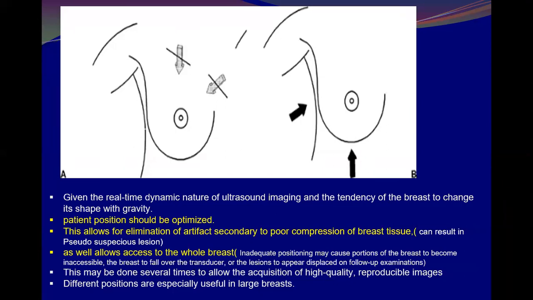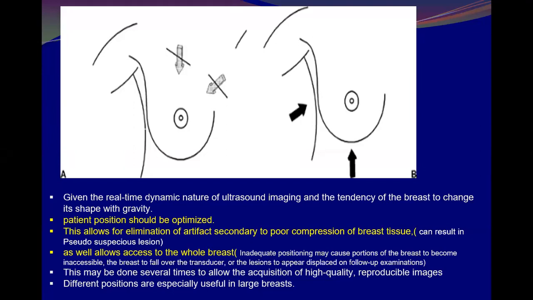Definitely, ultrasound examination is real-time and dynamic in nature, and the patient is moving, and so the breast, since it is pendulous, is also going to be moved during the scanning. And this definitely will affect the examination and the image quality.